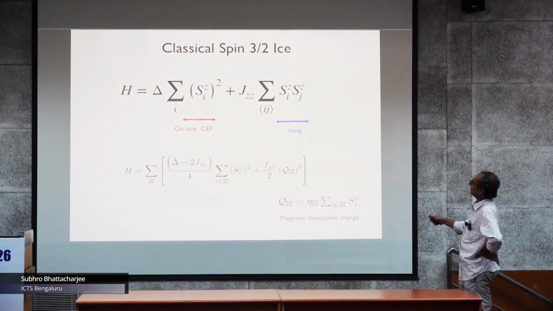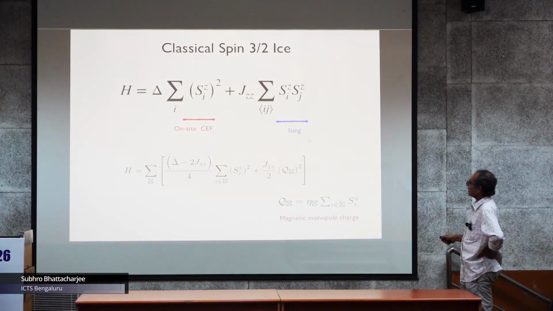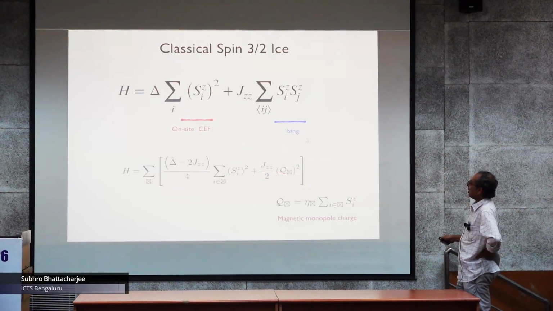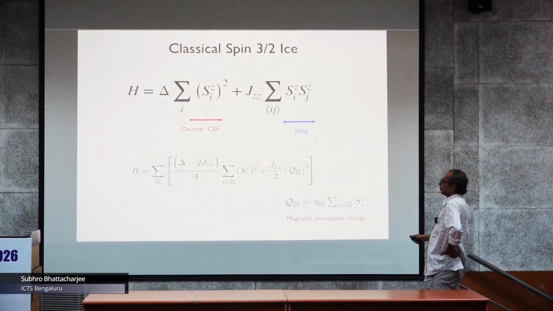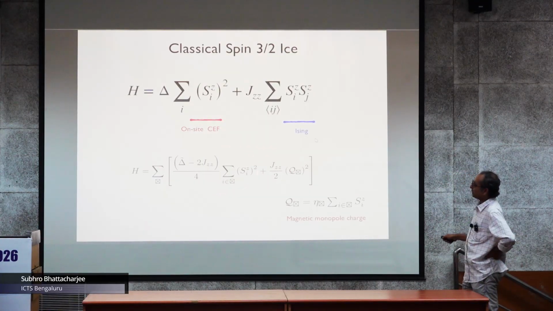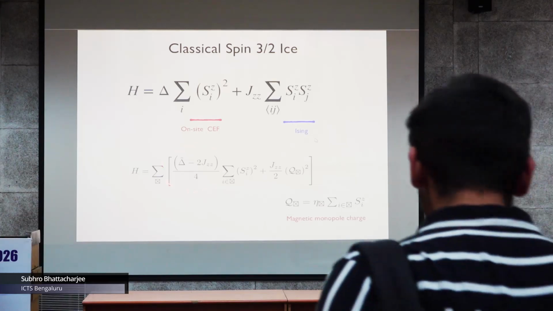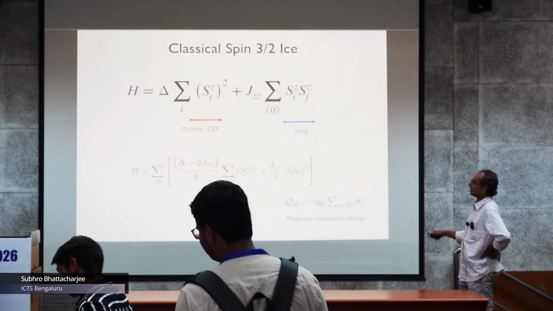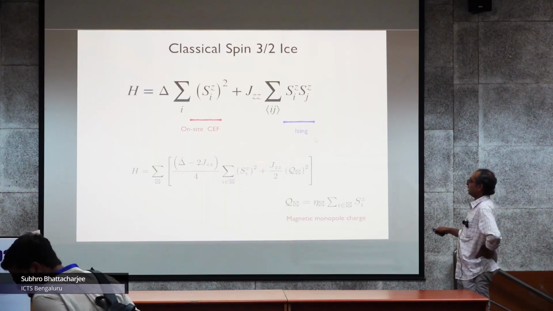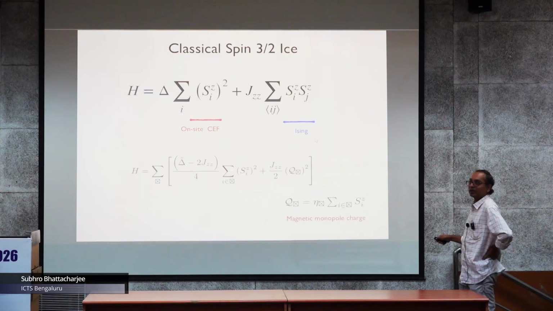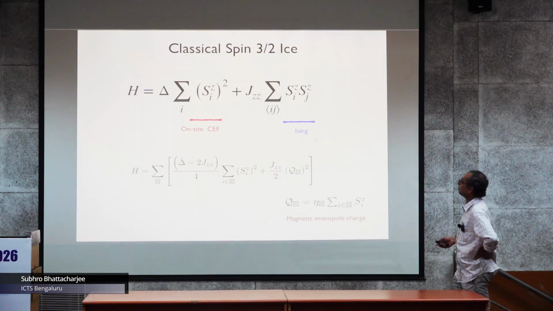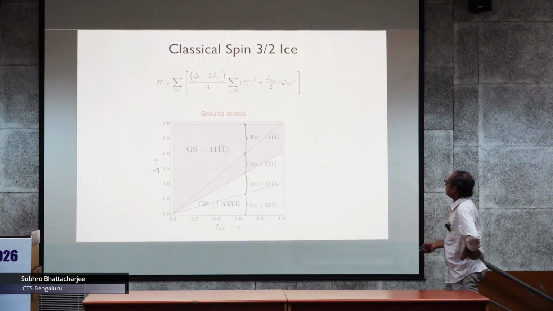Since this is a corner sharing geometry, one can write it in terms of the total spin of a tetrahedron. But now, since S_z squared is not a constant, it renormalizes this on-site term, and this is the point: when the spin exchange and the crystal field splitting are of the same order, both these energy scales become important, and this leads to more interesting physics than regular spin ice.